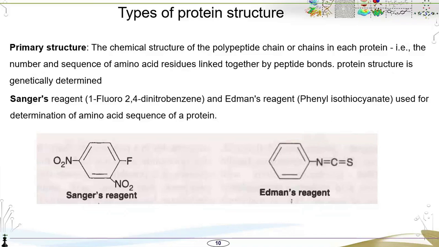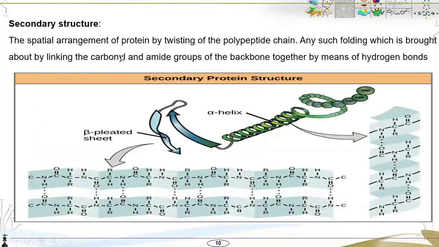One is how we can identify the primary structure of the protein: simply, the sequence of the amino acid residues. The other is which reagents are used to determine the amino acid sequence: Sanger's reagent and Edman's reagent. This is very important for GPAT. I am not discussing it in broad detail, because I don't want to confuse you; I am only covering what is needed for GPAT.